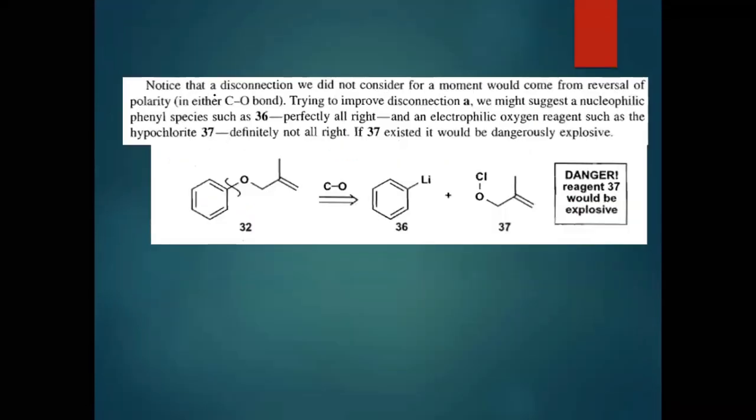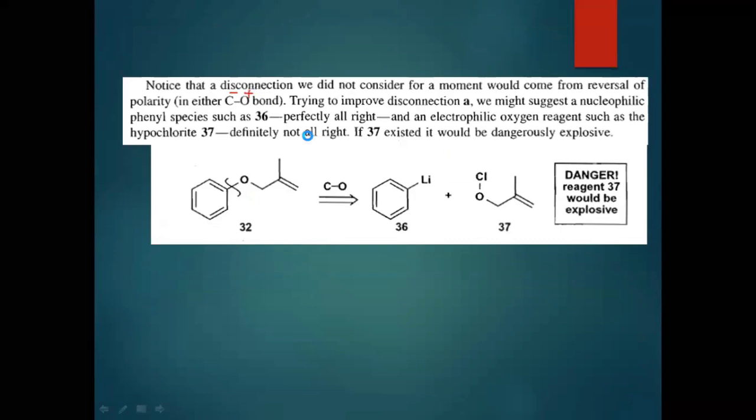Note that there is a disconnection we did not consider for a moment, which would come from reversal of polarity in the ether C-O bond. We have not considered the reversal of polarity. Reversal of polarity means considering carbon negative and oxygen positive.